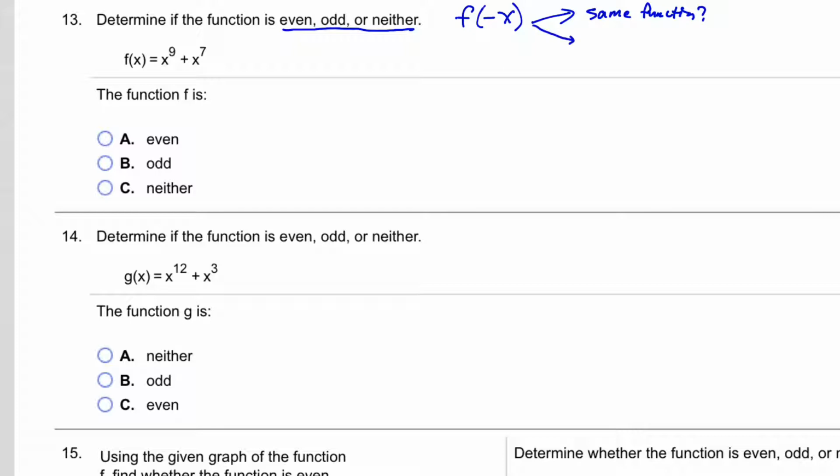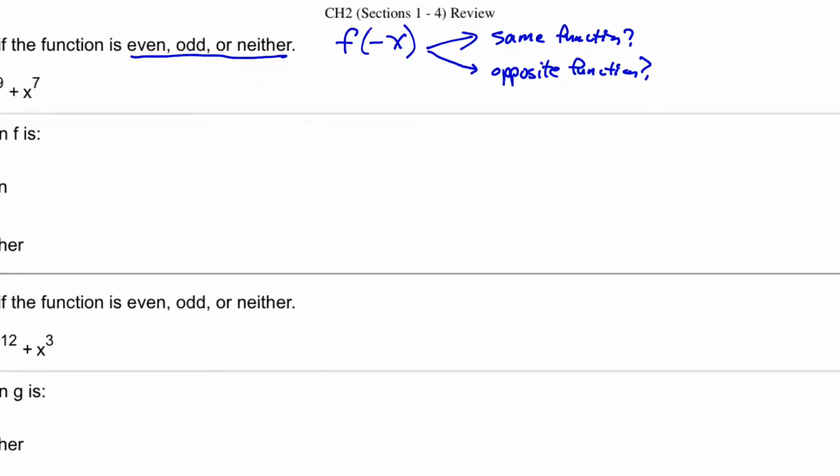Or do you get the complete opposite function? So if you get the same function, that's going to be even. If you get opposite functions, that's odd. Okay?